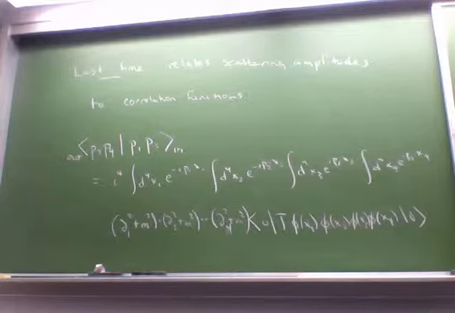You can check, and in fact, one of your homework exercises is going to be to check that this reproduces the 4-particle scattering, 2 particles to 2 particles in the free theory. You just get the delta functions that you need from this to reproduce that exactly.